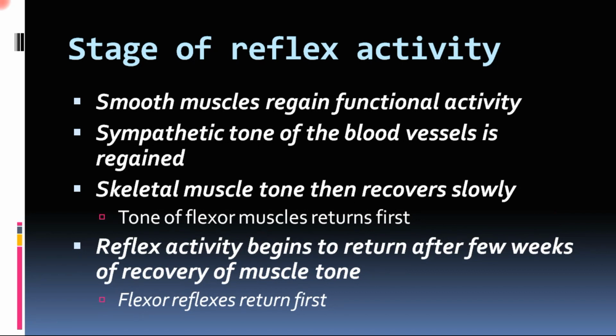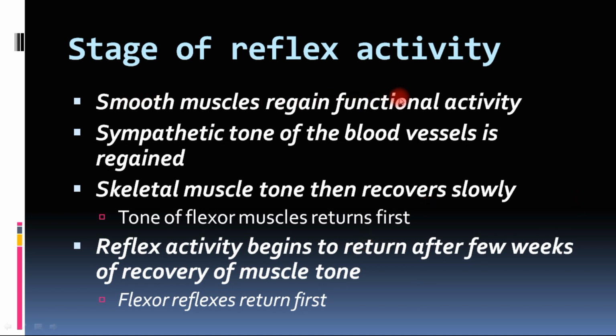Now coming to the stage of reflex activity. Once the person undergoes the stage of spinal shock, which goes on for 3 to 4 weeks, he recovers if the general condition of the patient is well, and comes to the stage of reflex activity. In that stage, smooth muscles regain their function.